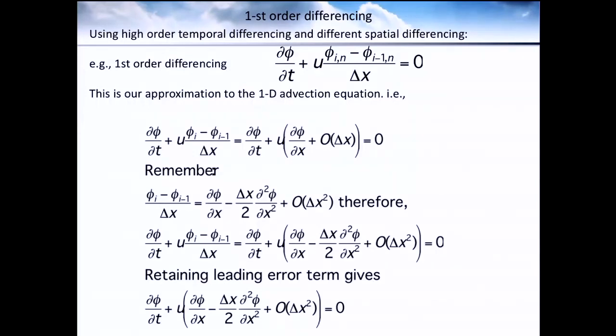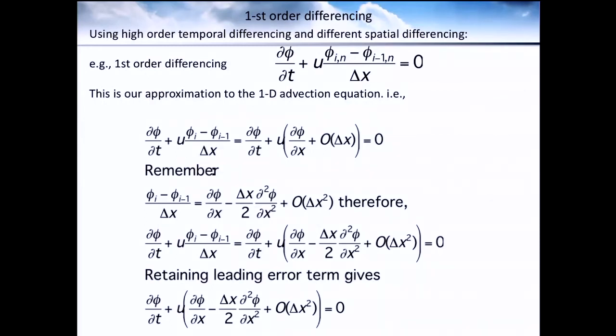For those of you who've done numerical methods courses, you may remember that if you approximate the first order derivative with this difference equation, it equals the first order derivative plus the leading order error term, plus higher order errors of order delta x squared. This leading order error term is of order delta x, so this is called a first order approximation.